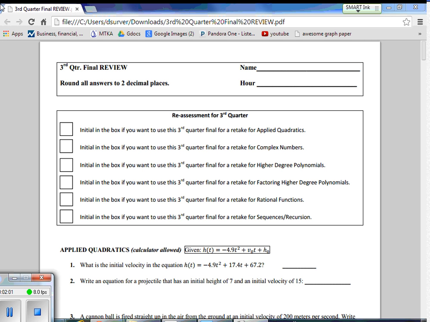So if you think as a whole, as this whole test, that you got like a B on it or whatever, then again, since it's kind of a hard test that you're going to take tomorrow, I wouldn't probably, strategy-wise, want to retake an A or a B. Definitely never retake an A. But a B, may not be worth doing unless you feel like you just rocked the test. Okay?